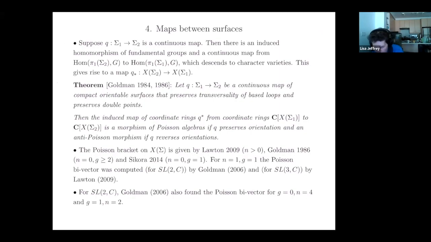Under those hypotheses, the map Q upper star from coordinate rings on the character varieties is a morphism of Poisson algebras if Q preserves the orientation, and it's an anti-Poisson morphism if Q reverses the orientations.